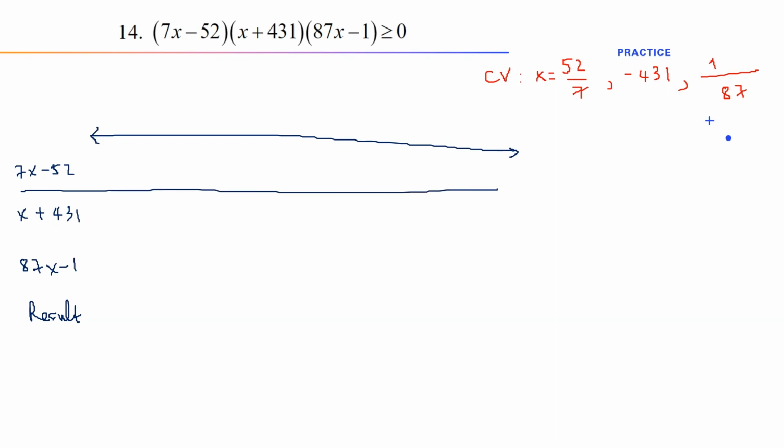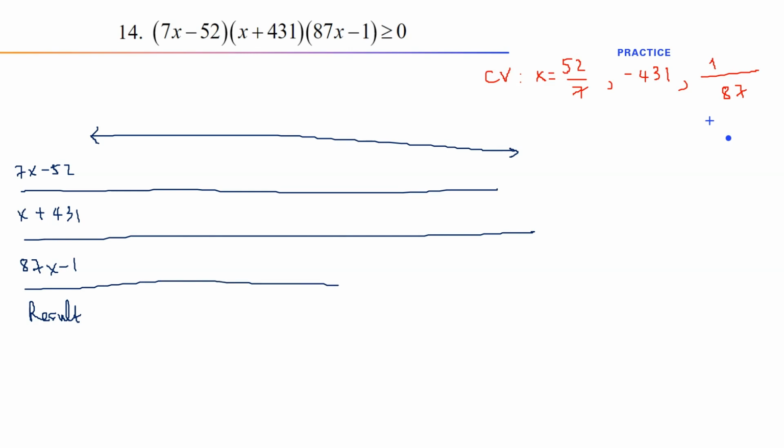Alright. Here the negative infinity, and then we know that we have 3 values and one of them is negative. Of course, it will be the smallest one. Alright, now the 52 over 7 and the 1 over 87, which one is bigger?